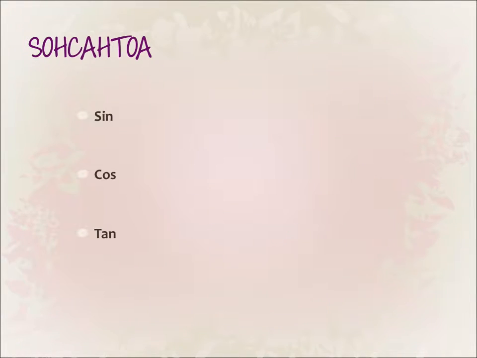Okay, so in the next slide, we're just going to talk about this acronym. This acronym is going to help you remember the three trig ratios. So the beginning one, the SO, that's for your sine. And remember, the O is going to represent opposite, and the H represents the hypotenuse.